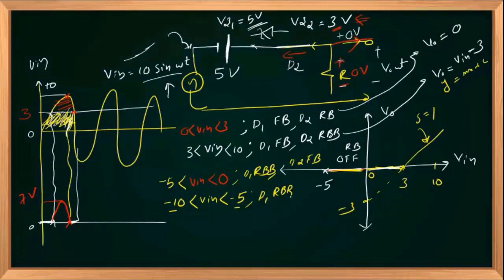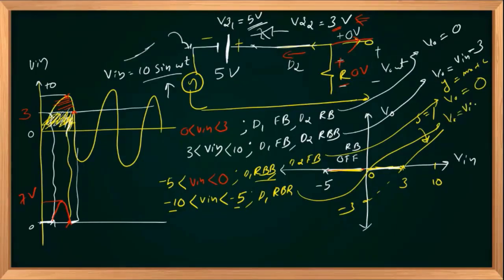Once it is in breakdown mode, you are replacing it with a voltage source with a cathode positive, anode negative. So Vout is nothing but, in this case, here it was Vout equal to 0 volts. Last case, Vout is equal to V in plus 5, and you should take care Vin is negative.